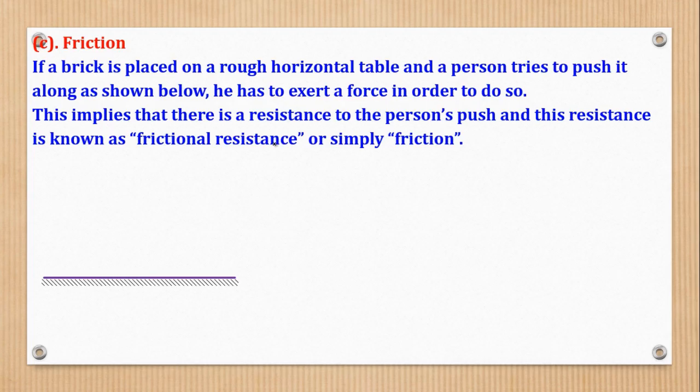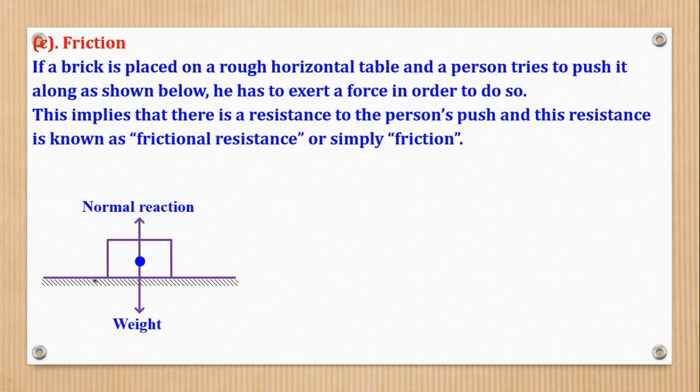So let's try to illustrate. We have a horizontal surface which is rough and a brick which has a mass. One, because there is a mass, there should be weight. Two, because the brick is resting on a horizontal surface, that surface should react. So that is where normal reaction comes from.